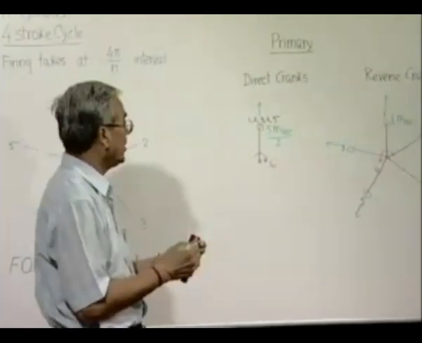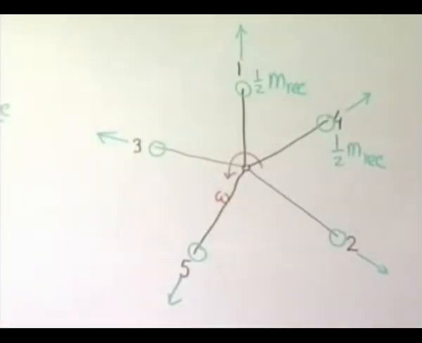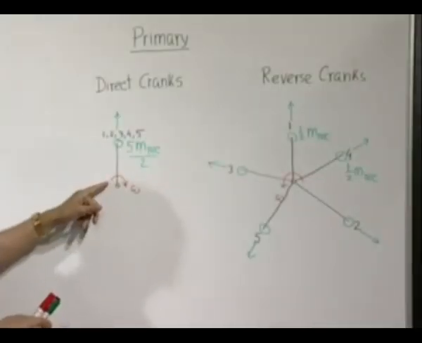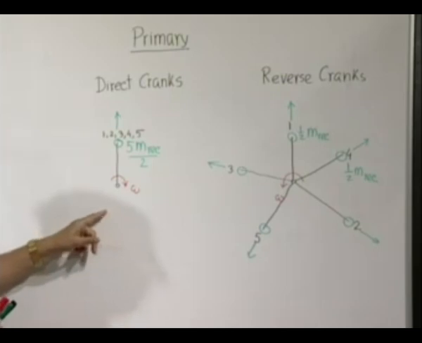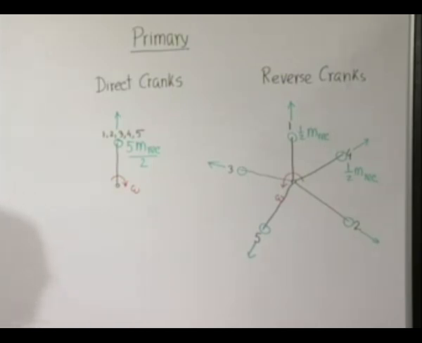Thus the only remaining primary unbalanced force is 5 by 2 m reciprocating omega square r, and that can be balanced by placing a counterweight just opposite the actual crank. Now, this is okay. Now, if we consider the second harmonic, then we will have the situation like this.